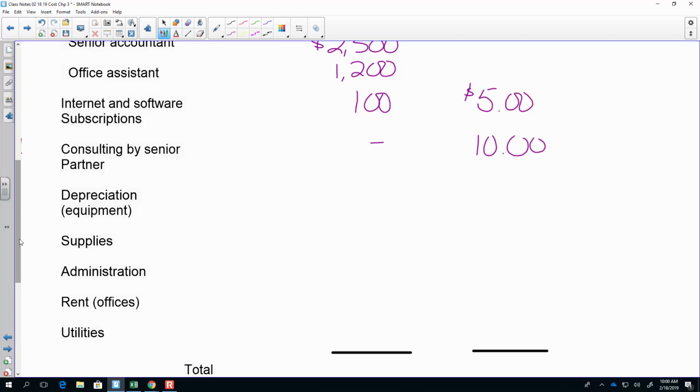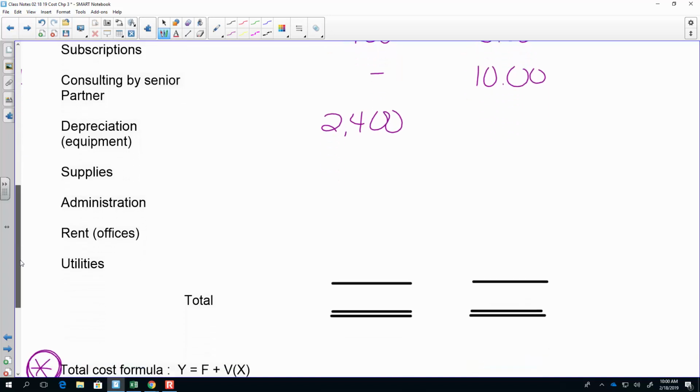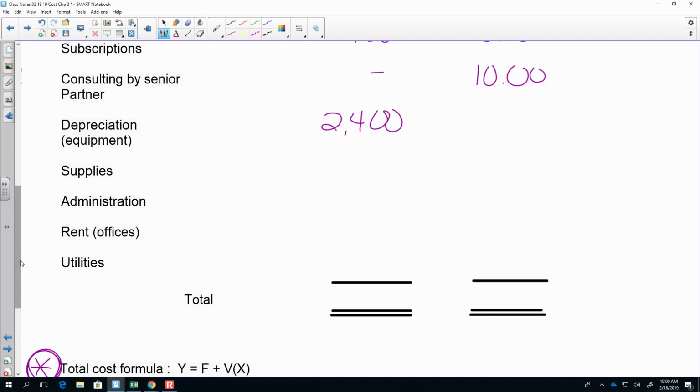Depreciation was all fixed. We can't do supplies because that's one of them we didn't do, so I'm going to put a question mark here for now. I'll add that later. Admin was 500, right? Rent was 2,000. And I don't know the utilities yet.